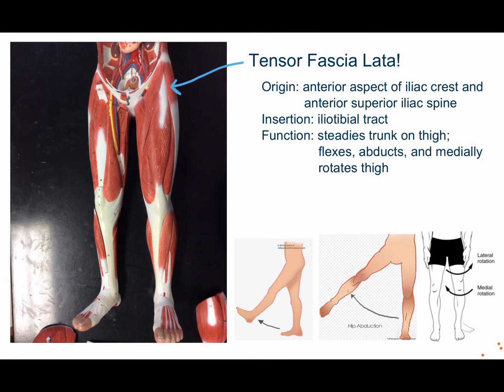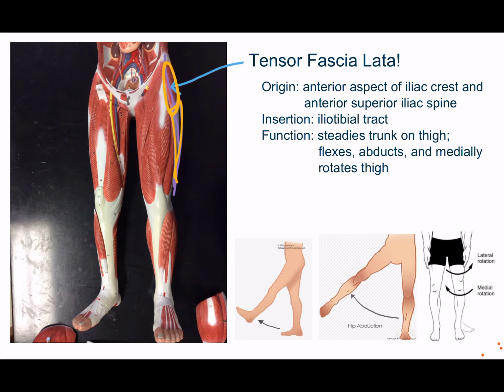So your tensor fascia lata comes across the side, which is super cool because from here down is connective tissue. The muscle itself is this tiny little thing up there. Your tensor fascia lata originates on the anterior aspect of your iliac crest and the anterior superior iliac spine.